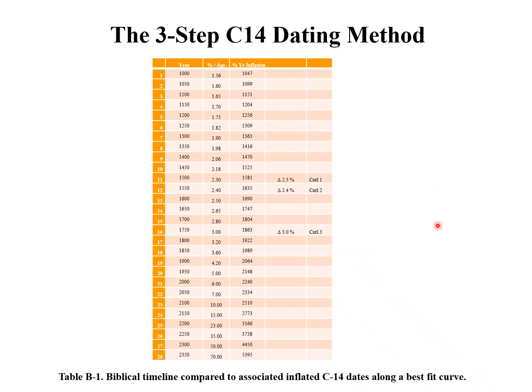So here is the biblical timeline compared to associated inflated C14 dates along the best fit curve. You have the year 1000 BC. The percent average is about 1.56% greater, so you'll get a carbon-14 date of 1047. Okay, as you go along, here are control 1, 2, and 3 dates.